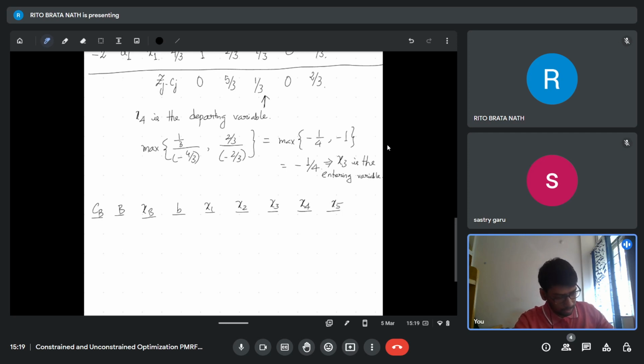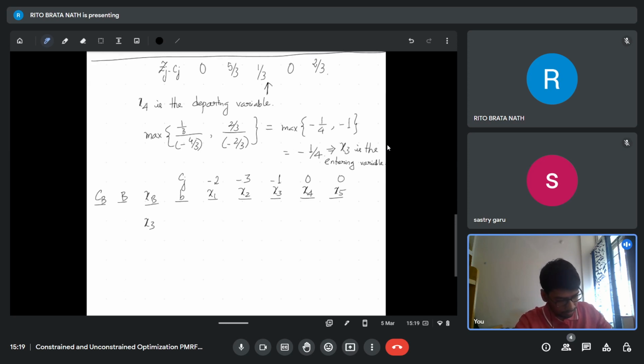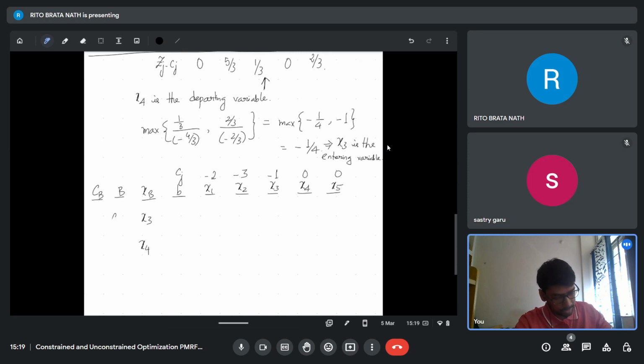Here you can write Cj, and that is, I think, minus 2, minus 3, minus 1, 0, 0. Now you have x3 here as well as x4. This is a3, this is a4. This is minus 1, and this is 0.